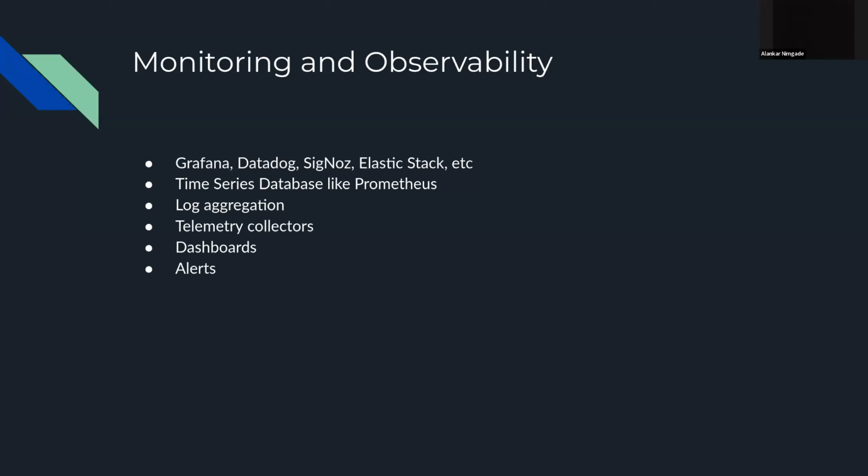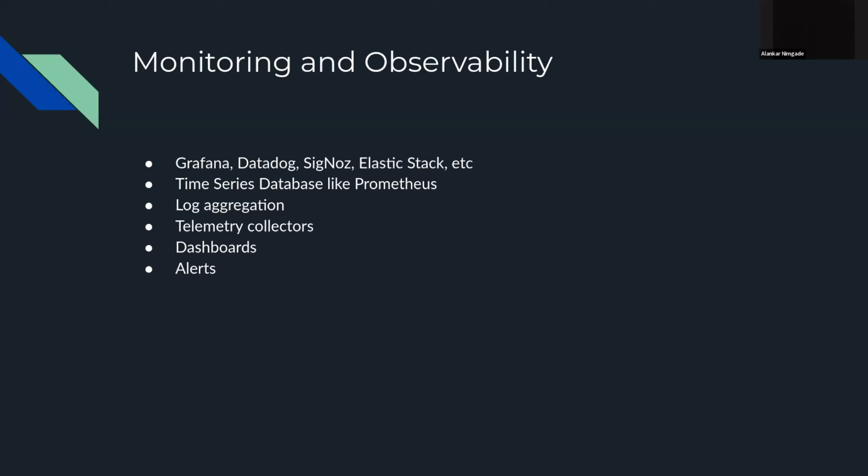You can configure n numbers of things with monitoring and observability. You can even add custom metrics. If you want a dashboard showing how many orders you have received today on your website, you can generate that data and push it into your observability stack.